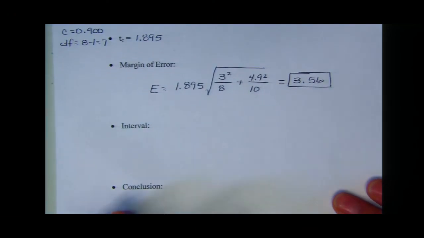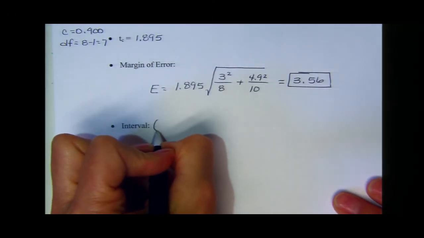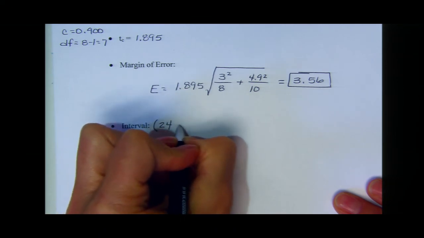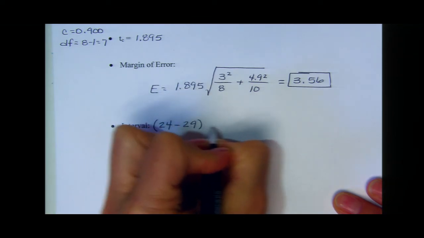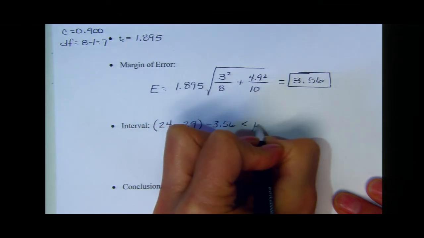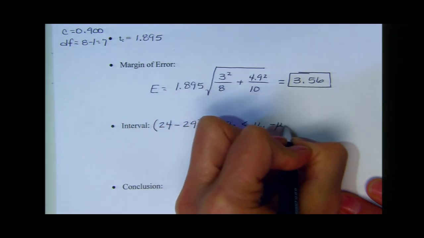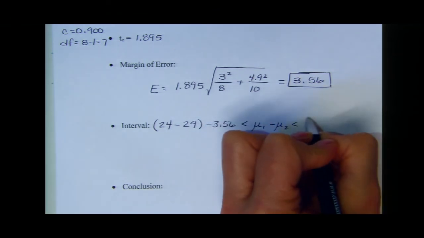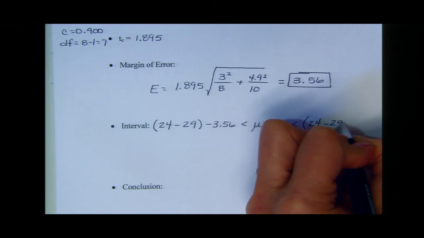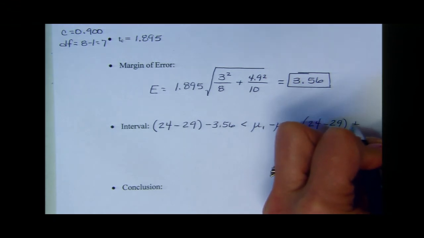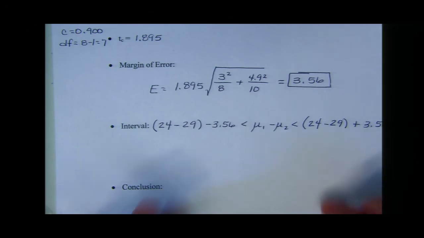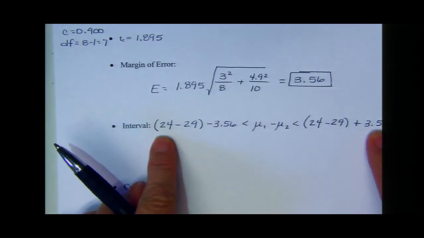Then our confidence interval will be x bar 1 minus x bar 2, 24 minus 29, minus 3.56, and x bar 1 minus x bar 2, 24 minus 29, plus 3.56. Again, I'm not interested in the numerical values here.